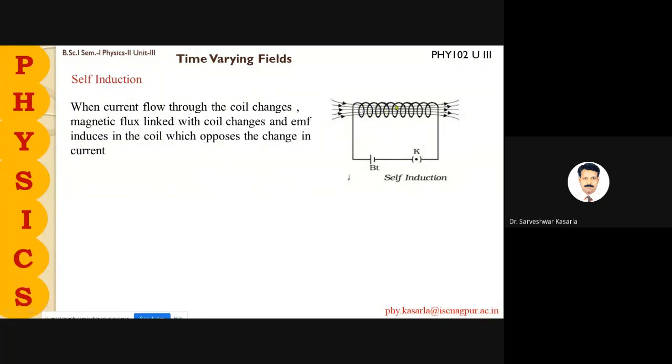Current means charges are flowing like this, and initially the current starts from zero and reaches the maximum value.